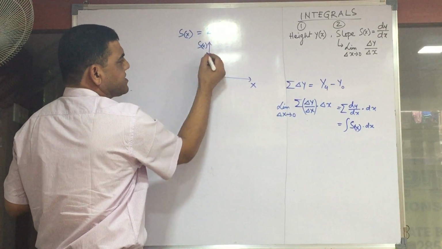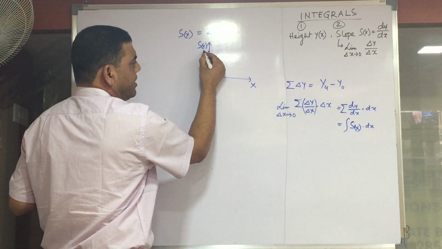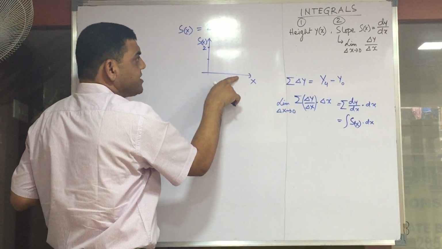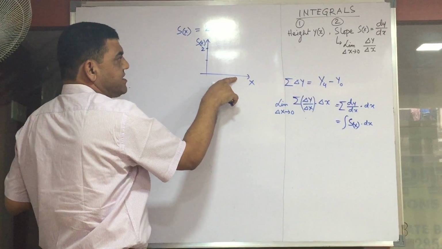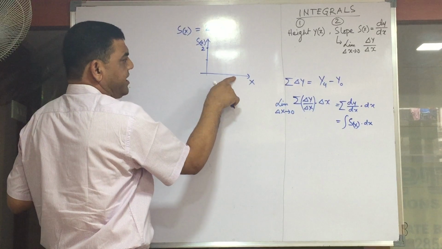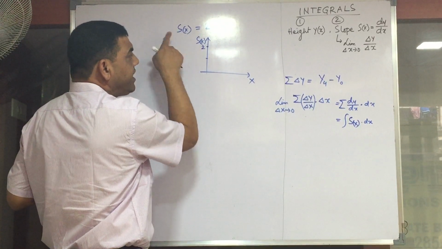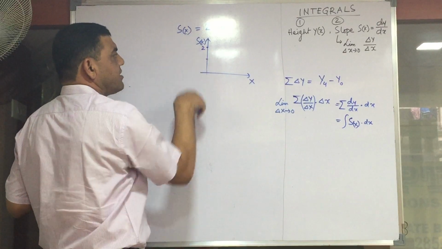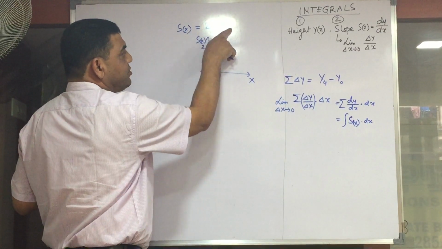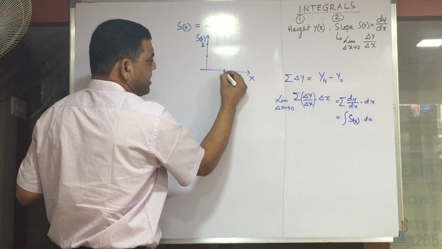We can see that S is 2. And to get S(x), our variable slope, to be 0, if we put x equal to 1, we see that this is where it becomes 0.